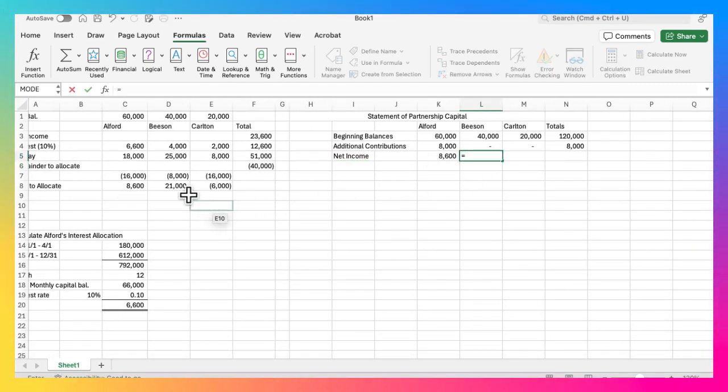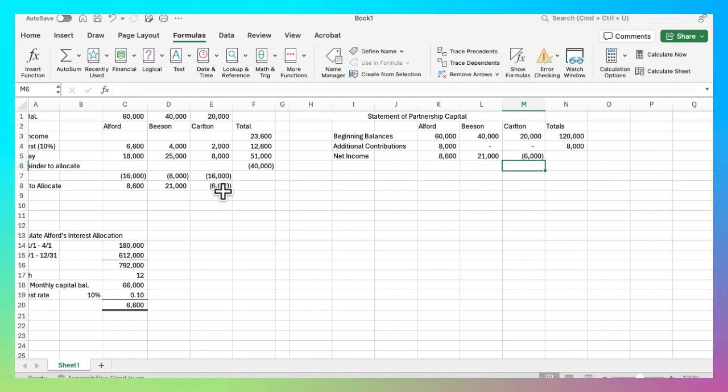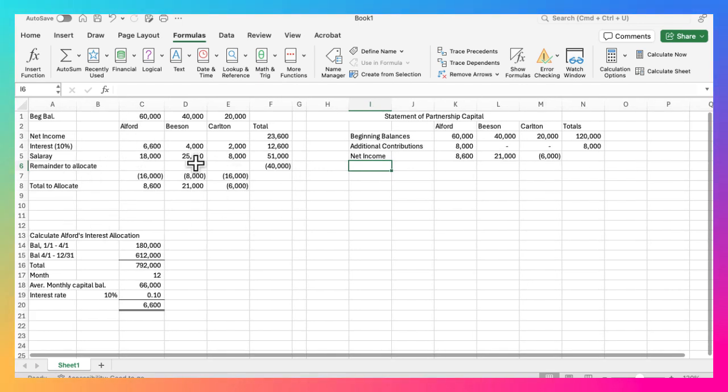For Benson, it's going to be the 21,000. And for Carlton, it's going to be the negative 6,000. Okay. So we said we're going to take the beginning balance, add any contributions that were possibly made, and add net income, right? The amount of net income that gets allocated, which we previously calculated right here.